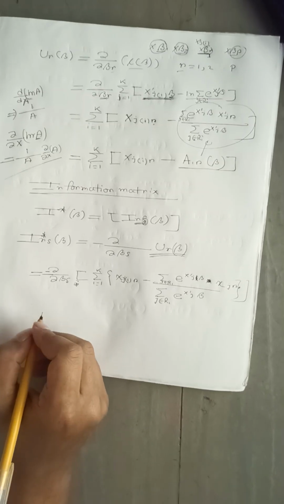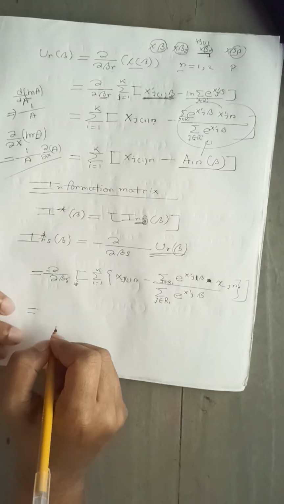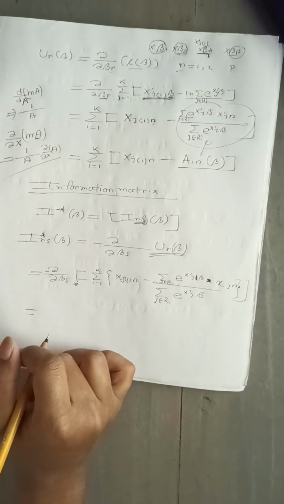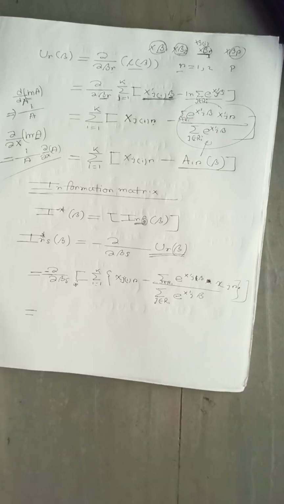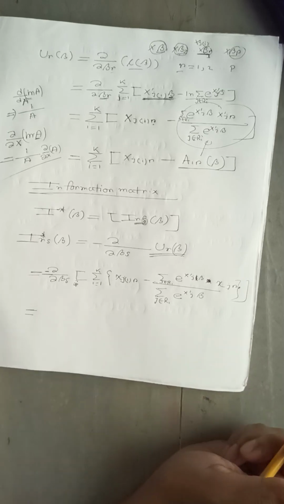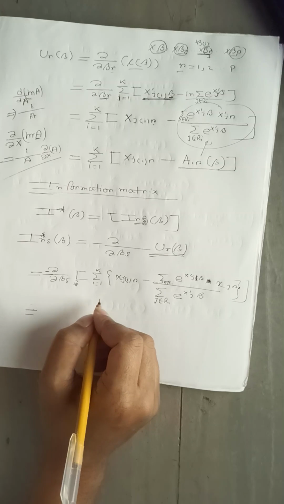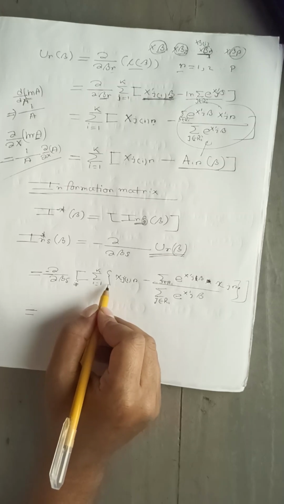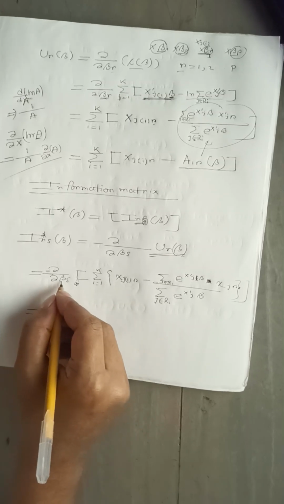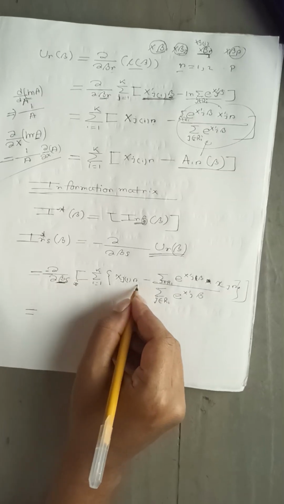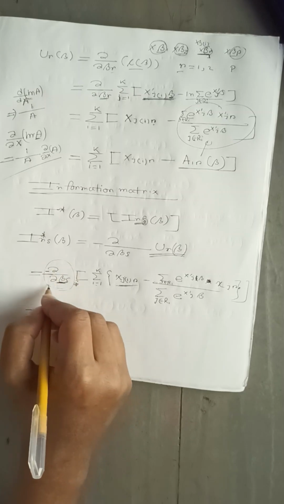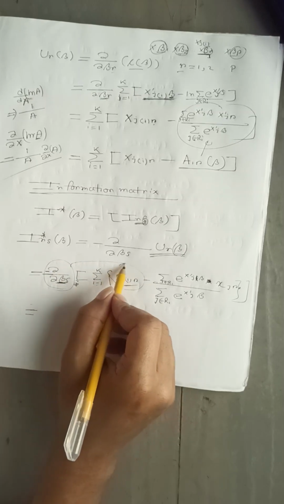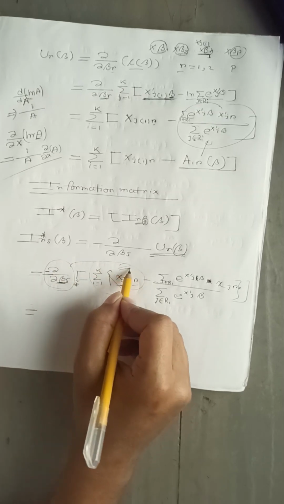Now it's going to be a big computational task. Be ready for that. When you derive with respect to beta_s, this first whole term will be 0, so with respect to the summation, this one will be 0.